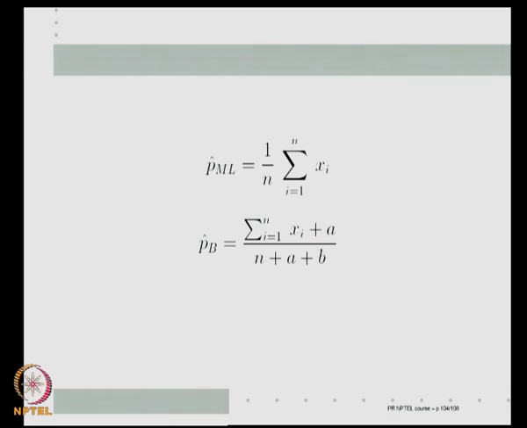We already know what the maximum likelihood estimate represents. The summation of xi is the number of successes, because the x's are 1 or 0, and n is the total number of trials, so it is the total number of successes divided by the total number of trials. Now I can interpret the Bayes estimate as follows. I have added a to the summation of xi, so it is like I have added a few more successes, and added a plus b to the total number of trials. It is like I have added a plus b more trials, of which I decided a are successes.